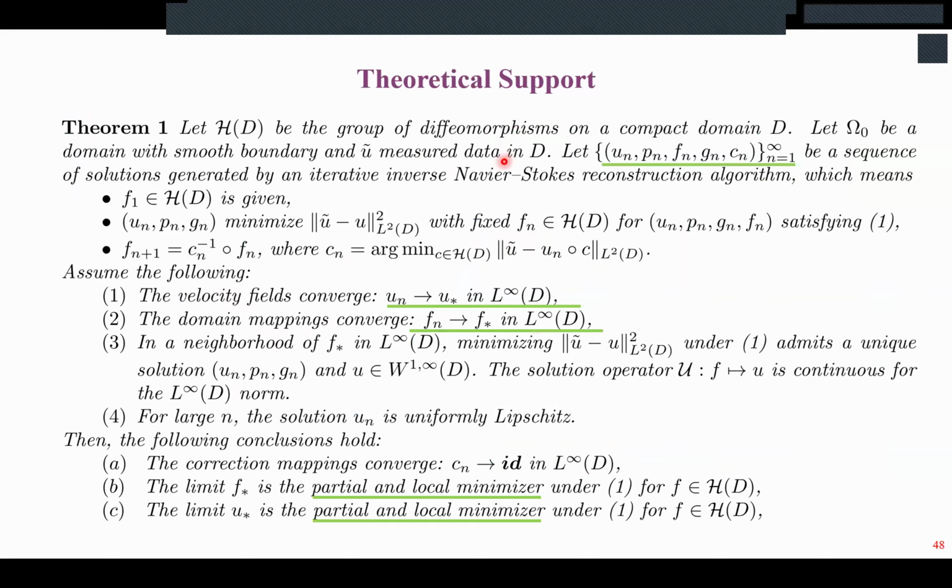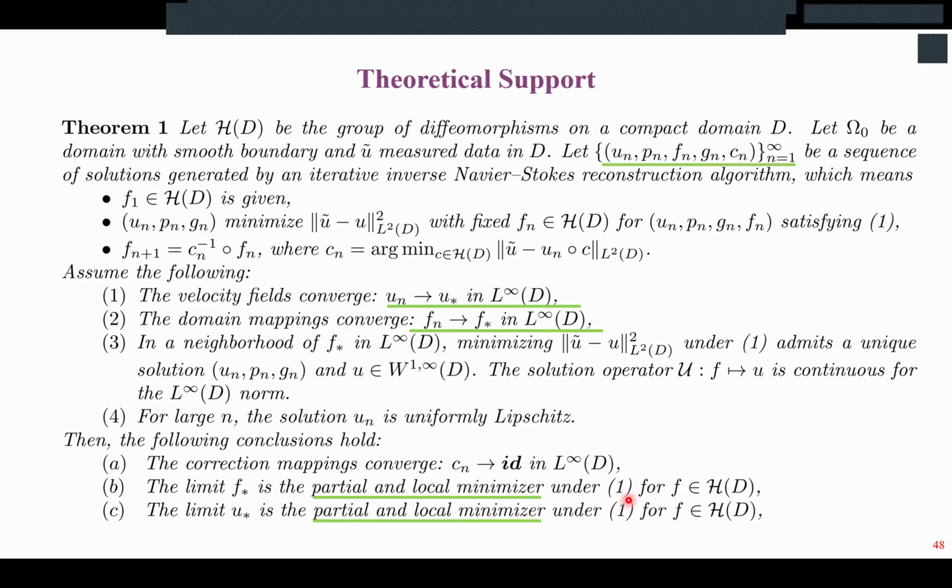So here is the proof for this. The whole problem is to optimize for the inner boundary condition and also the domain omega. But we actually split this original total problem into two subproblems. This theory says that by solving these two split subproblems alternately, if the final solutions converge to some limit, then this limit is a partial and local minimizer of the original total problem.